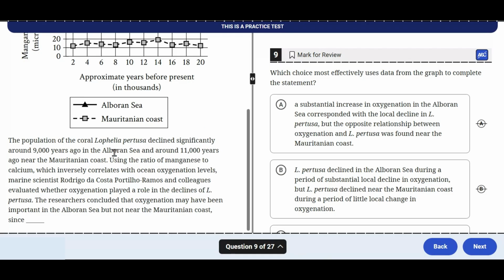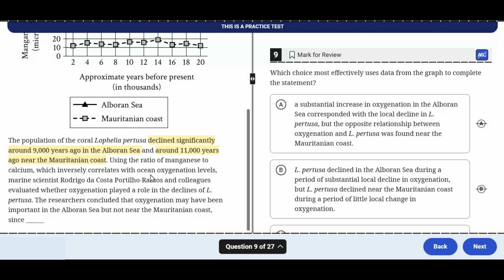The population of the coral Lophelia produced a decline significantly around 9,000 years ago in the Albertan Sea. Okay, that's some kind of change of variable. Around 11,000 years ago, near the Mauritian coast, also declined.